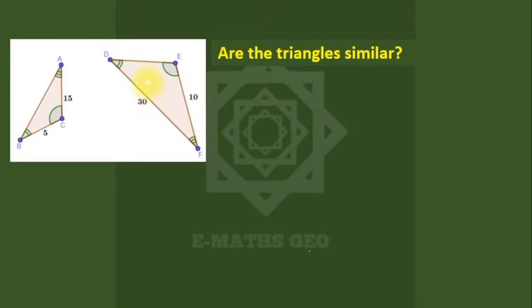That one is SSS. But here, this angle has 3 hashes, but the included angle here is 1, and it is also here. So what do you have to say? No.